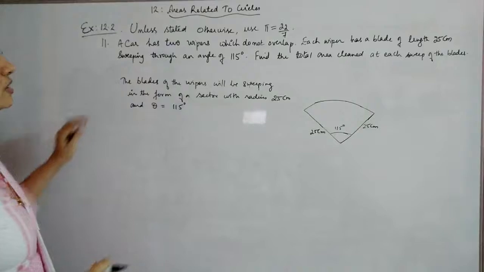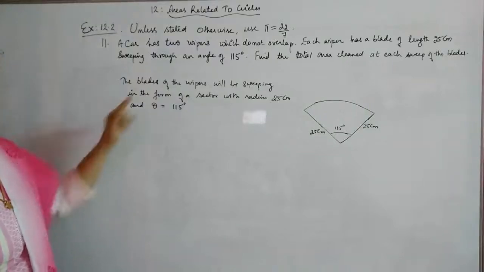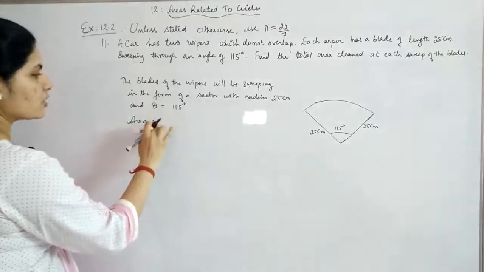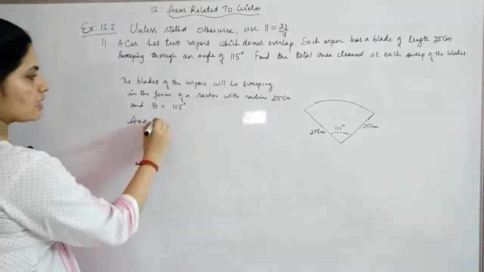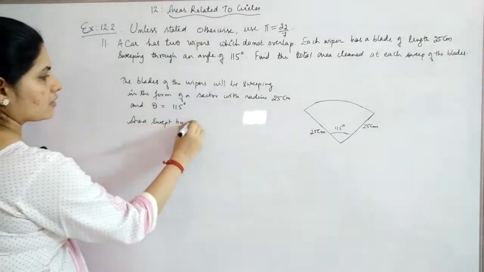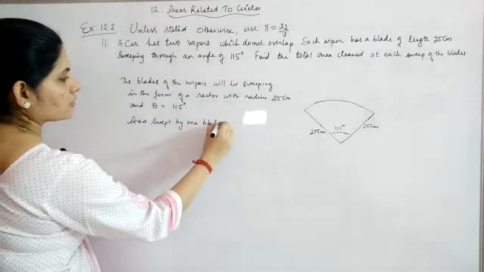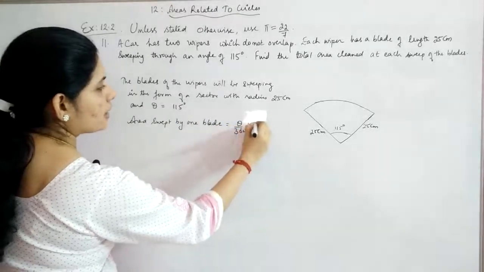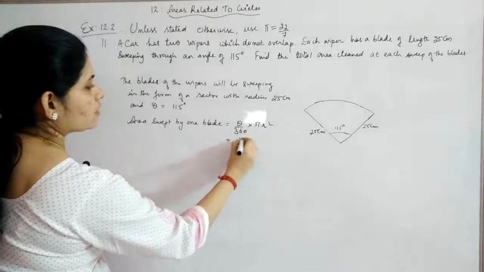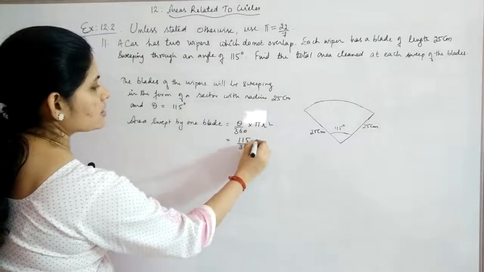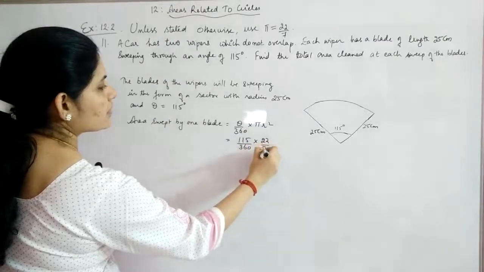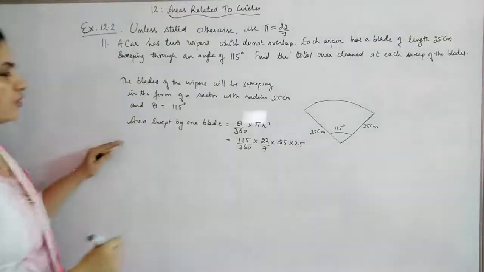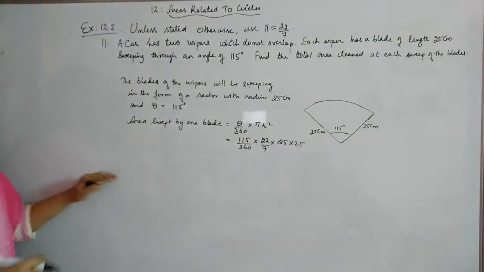Now we'll find out area of one and then total area. Area of one sector, area swept by one blade is equal to theta by 360 into pi r square. What is theta? 115 by 360 into pi, 22 by 7 into r square is 25 into 25.